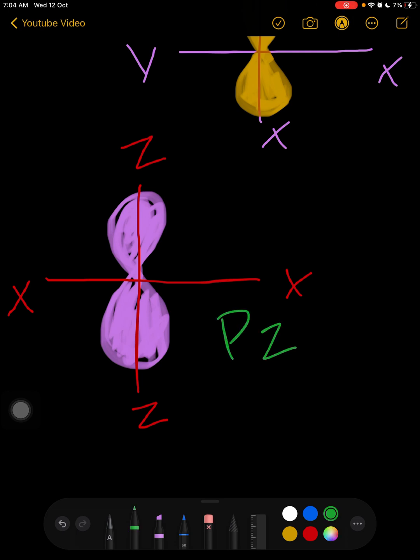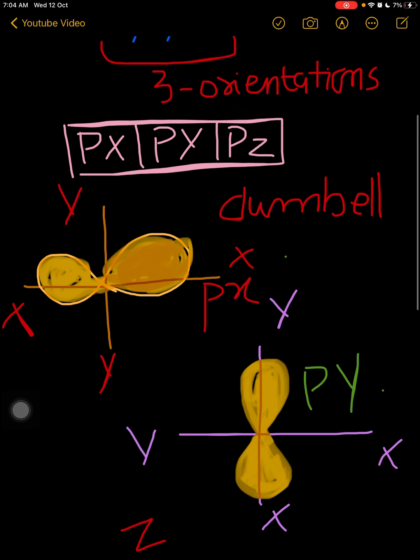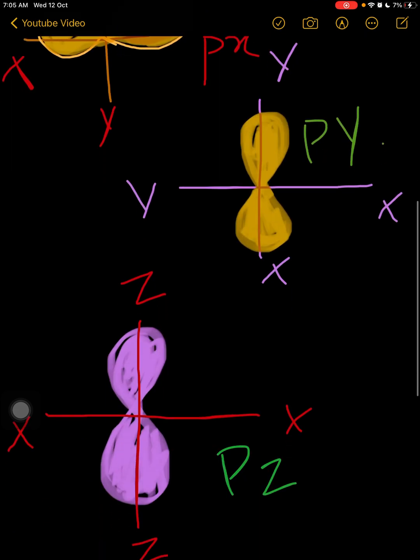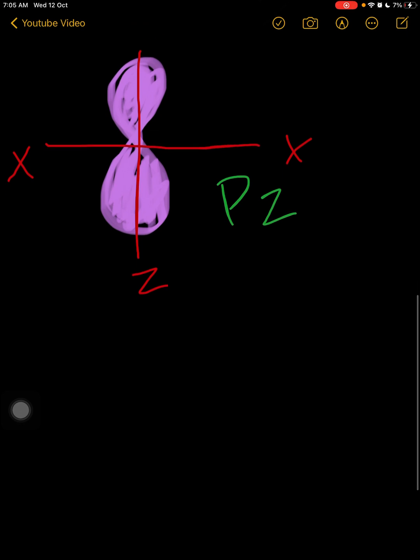This is known as pz. As you can see over here, this is px because it is lying on the x-axis and it has a dumbbell shape. This is py as it is lying on the y-axis and it also has a dumbbell shape. All the orbitals of the p subshell have a dumbbell shape, right? And this is pz.